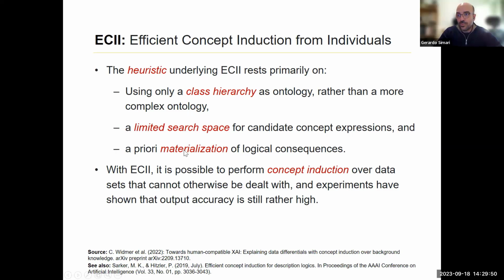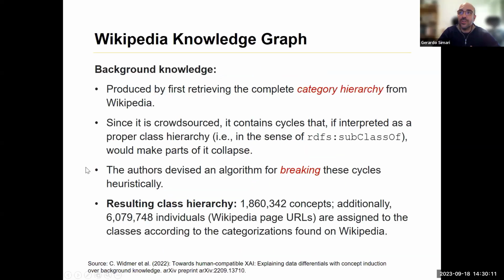So they can perform concept induction over data sets that cannot otherwise be dealt with because they're too large, as we will see in a bit. And experiments have shown in their prior work that accuracy is still pretty high, pretty competitive.